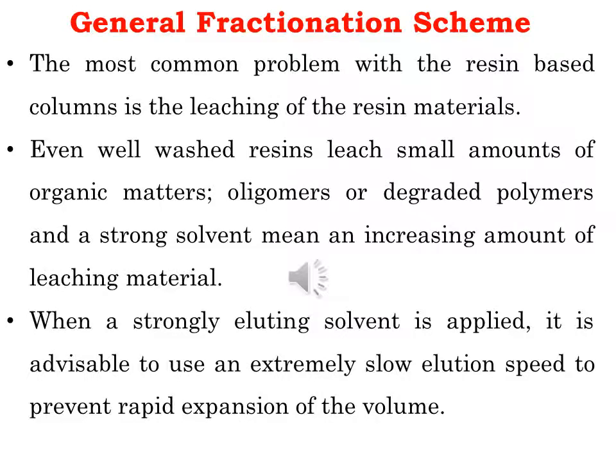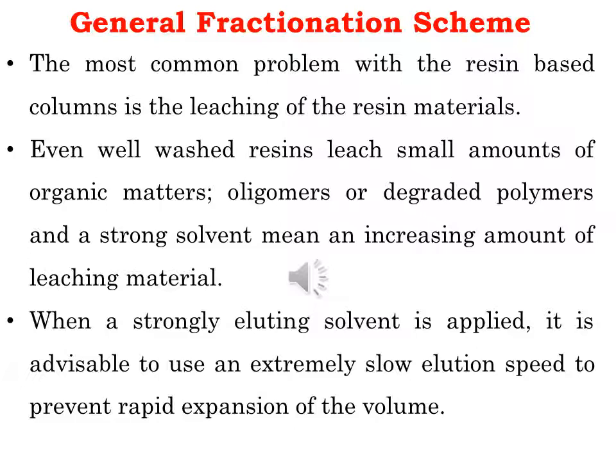The most common problem with resin-based columns is the leaching of the resinous material. Even well-washed resins leach small amounts of organic matter, that is oligomers or degraded polymers, and a stronger solvent means an increasing amount of leaching material.